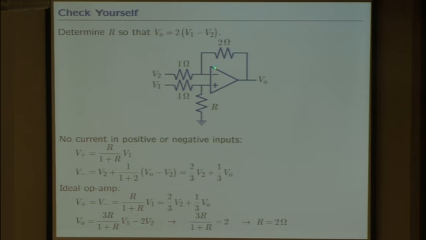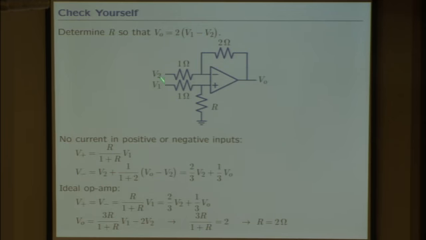This one's a little bit trickier because I've got two sources, V2 and V0, each pumping current into this place. The way I thought about it was start with V2 and then add to it this component, which can be thought of as a voltage divider here. So how big is the voltage at V minus?